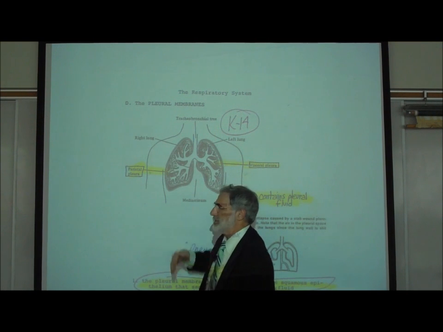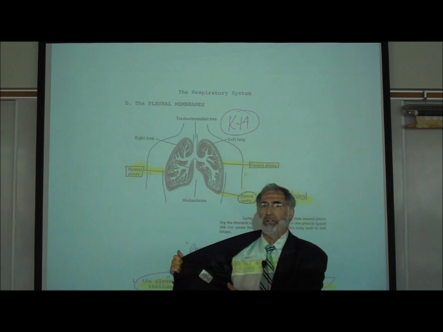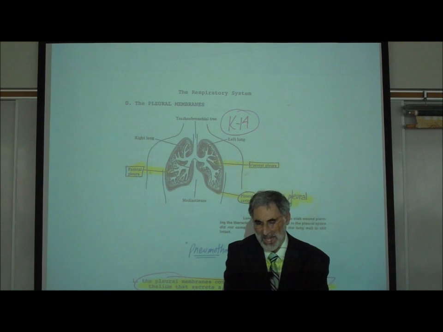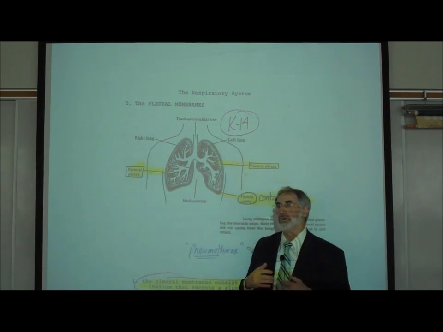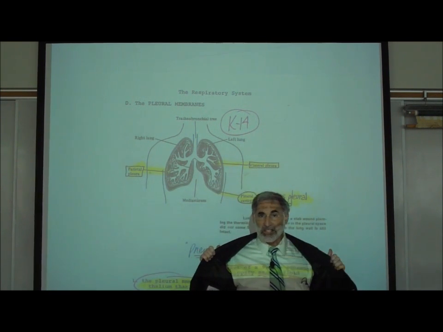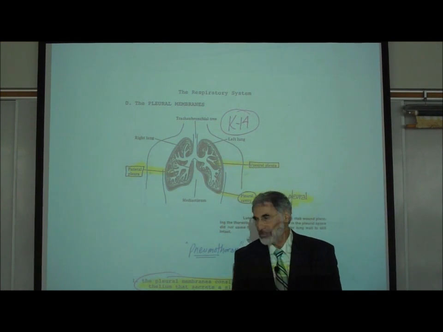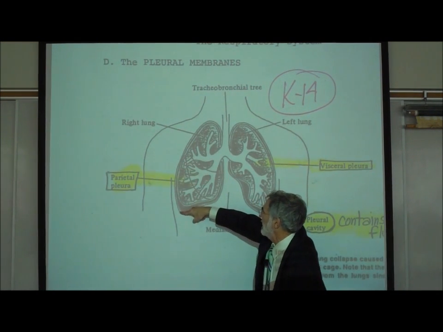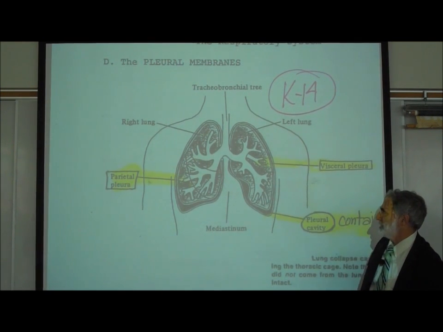We know that just as there is a parietal peritoneal membrane on the inner wall of the abdomen and a visceral peritoneal membrane covering the outer surface of our intestines, similarly, there is a parietal pleural membrane attached on the inner wall of our chest and a visceral pleural membrane adhering to the very surface of the lungs. Here we can see the parietal pleural membrane identified and the visceral pleural membrane covering the surface of the lungs.